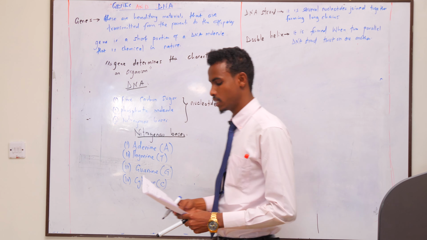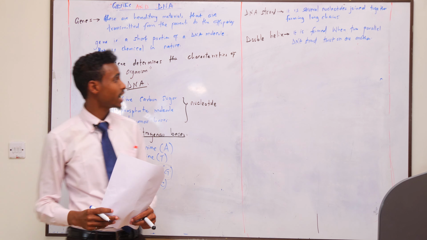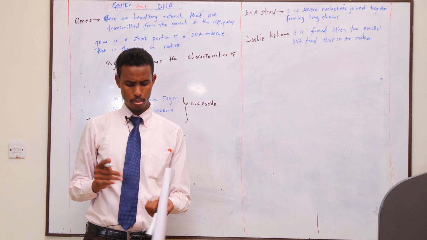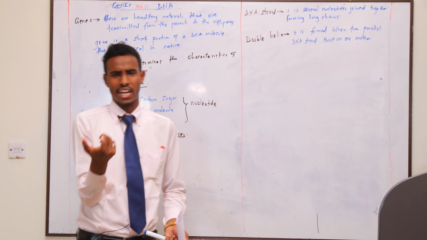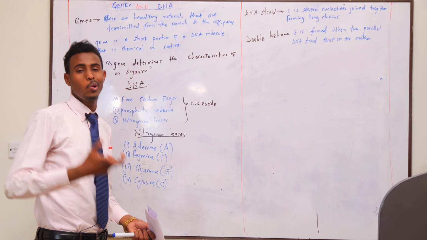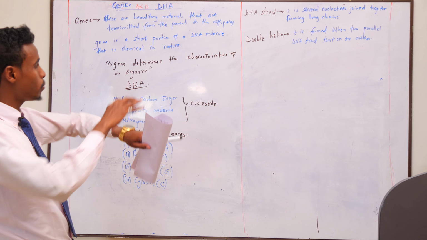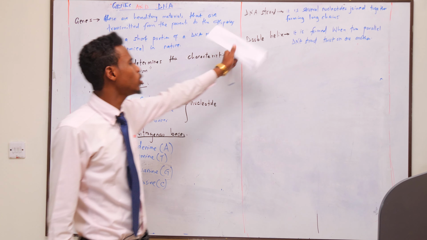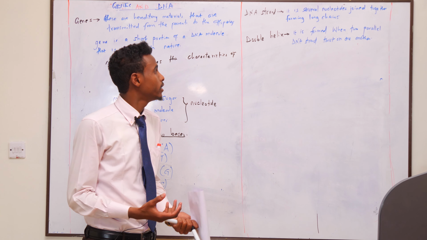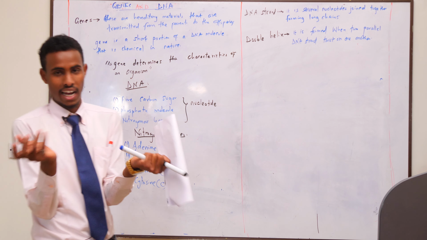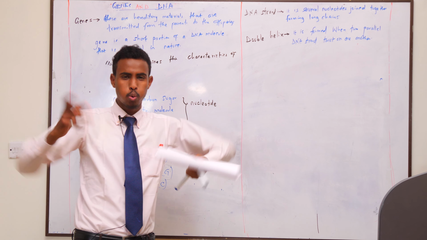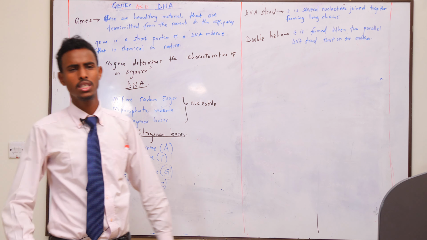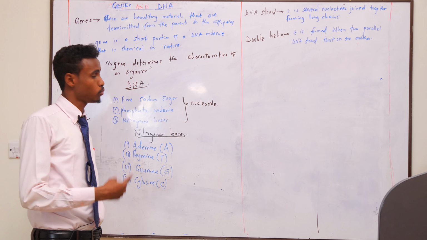Now, a double helix is formed when two DNA strands twist on one another. And therefore, we said the DNA strand is several nucleotides joined together forming a long chain. Right? And you're going to see the structures, if possible, in our next lesson.